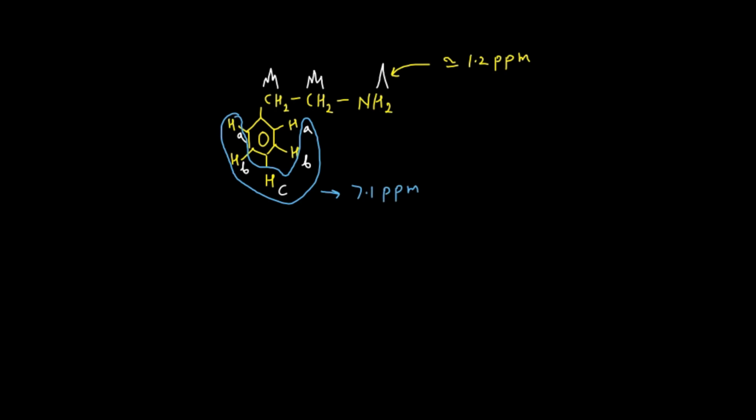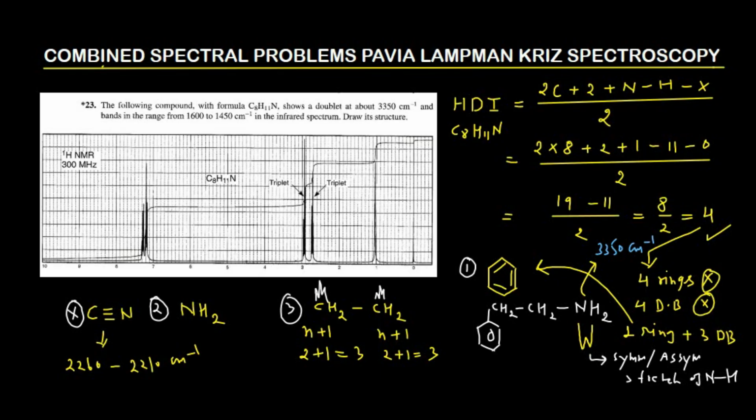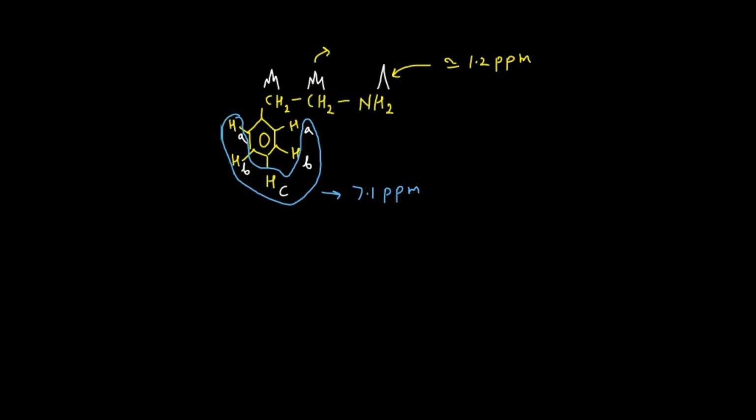Now you can see, if I go back, you are having two triplets here. One triplet at say 3.6 and the second one at 3.8. The signal at 3.6 ppm, and this signal that is a triplet at 3.8 ppm. This signal will obviously be a little bit upfield because this NH2 group is there, and this NH2 is an electron-pushing group, right?